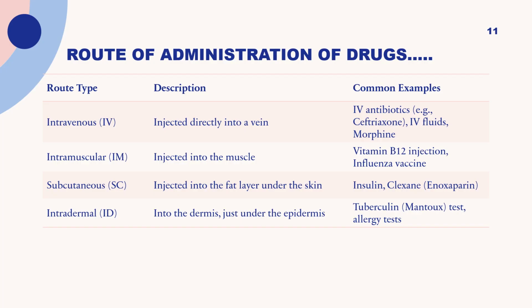Clexane, which is enoxaparin, is also common. Intradermal, abbreviated ID, is not that popular, but it's given into the dermis, just under the epidermis. You poke it parallel to the skin, directly under your skin. Most common examples are tuberculin test and allergy test.